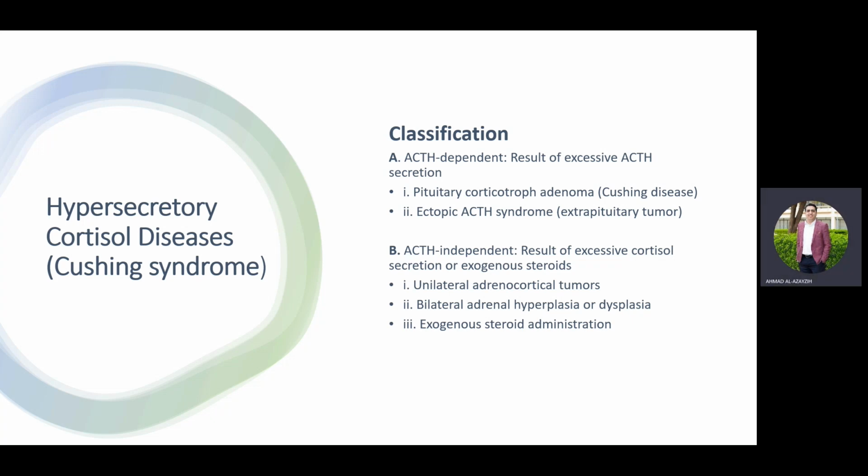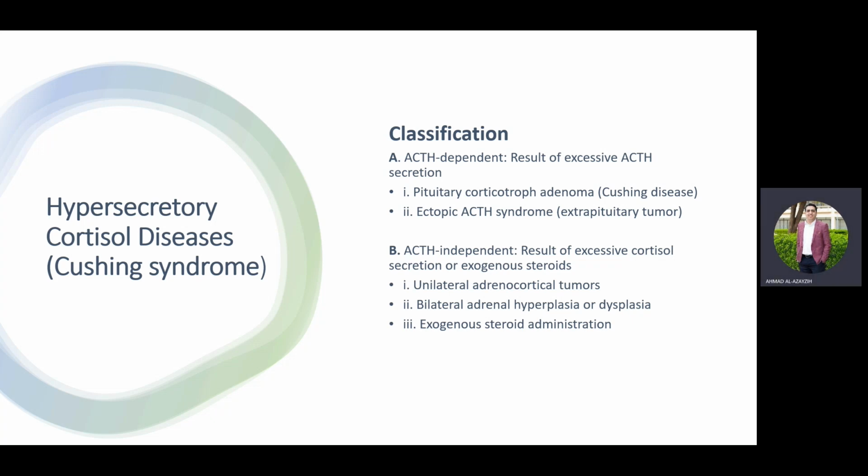In Cushing syndrome, we have other ACTH-independent increases in the secretion of corticosteroid, like for example taking exogenous steroid. Somebody taking cortisone, or administering corticosteroid for a long time, might get an increase in the level of corticosteroid, but it is considered ACTH independent.